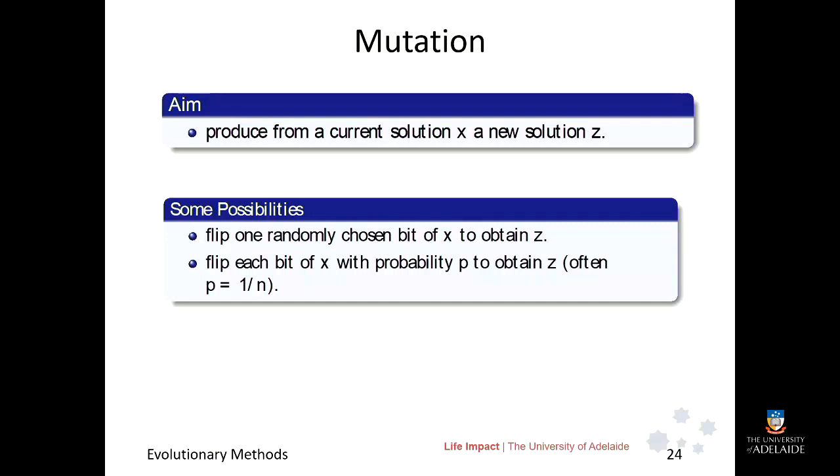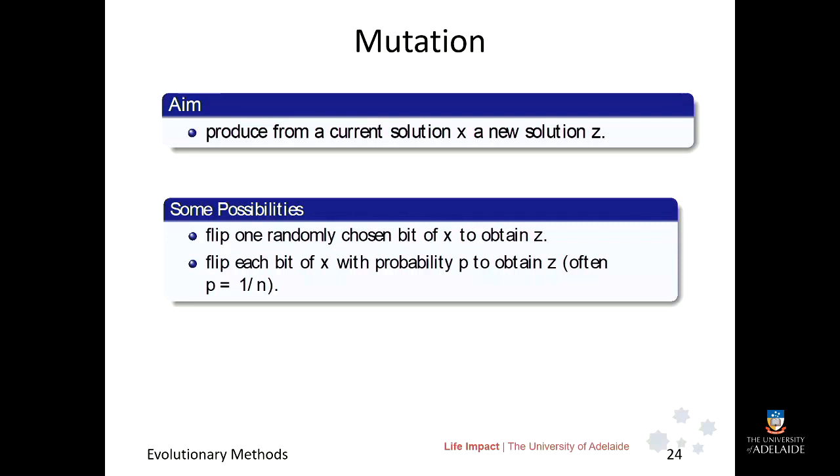It's at least a constant probability in the asymptotic sense, and it's large that you would flip 2 or 3 or 4 or 5 or even 10 bits. So the first one is very local and would get stuck in local optima easily.